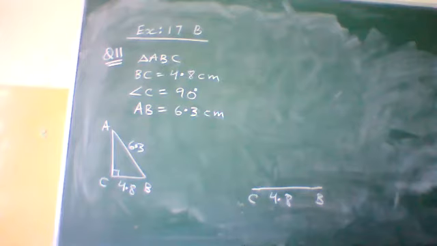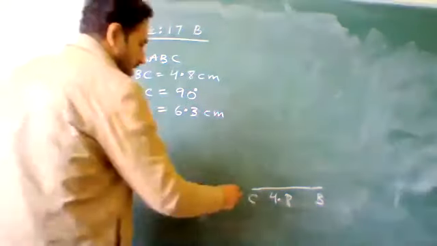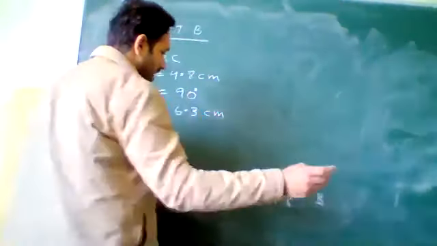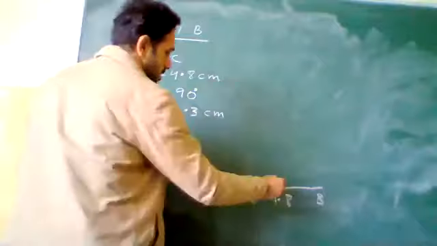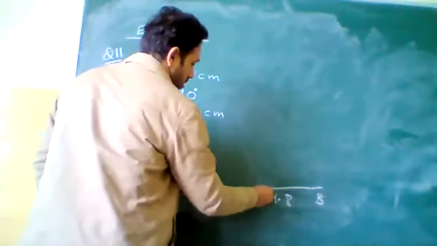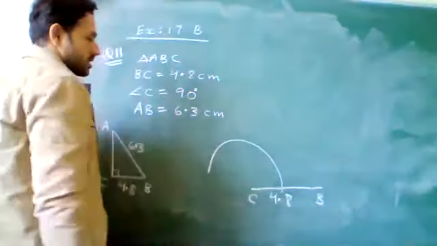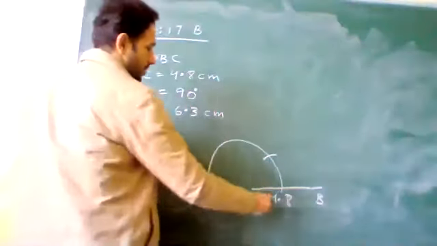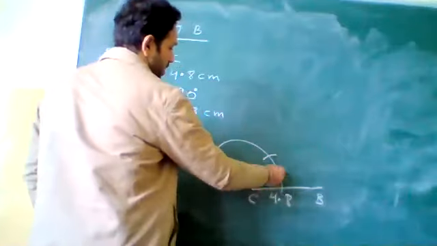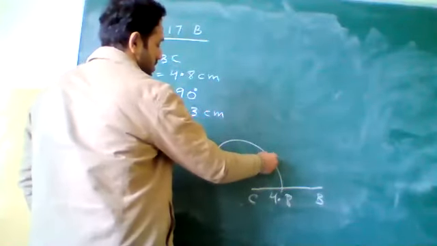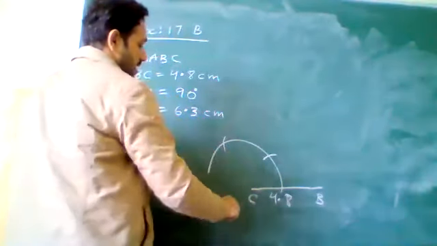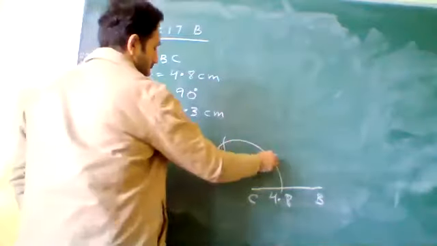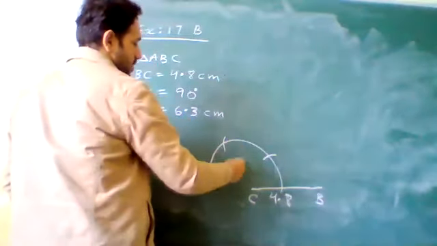I'm telling one more time. Draw a line from C like this. Then you draw a 60 degree angle and cut an arc like this. This will be 60. Then if you cut another arc, this will be 120.